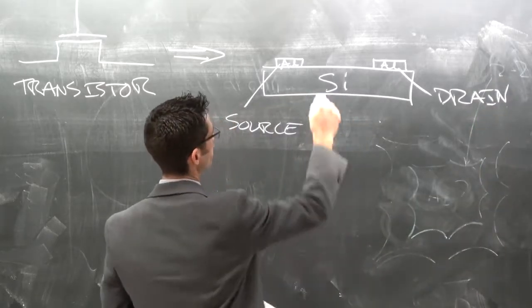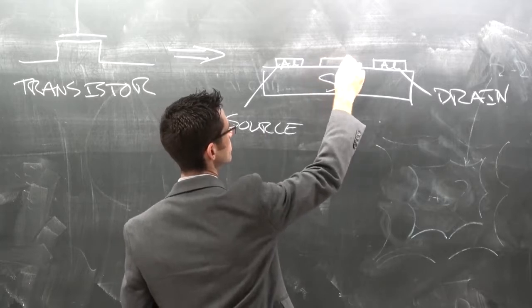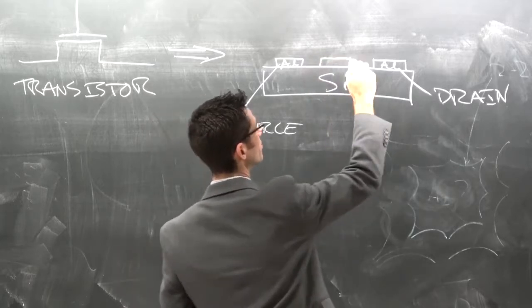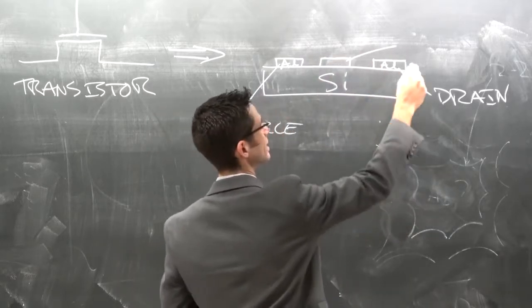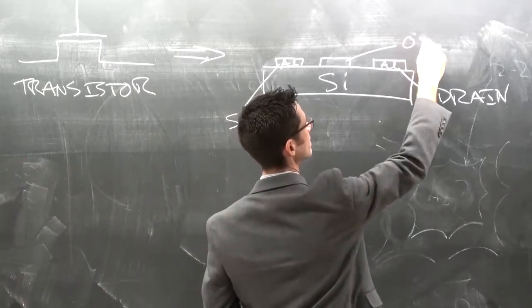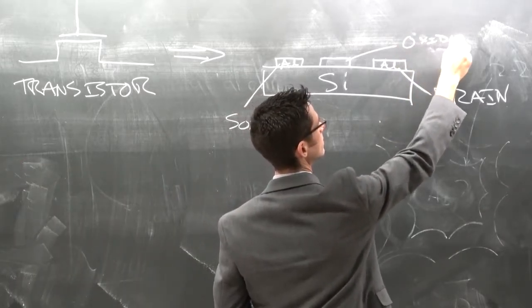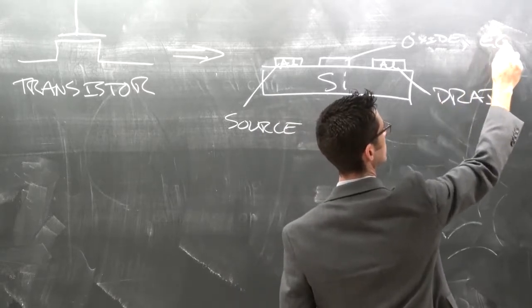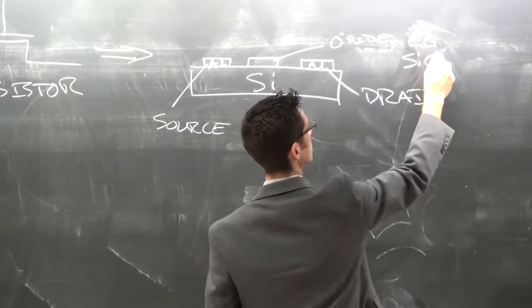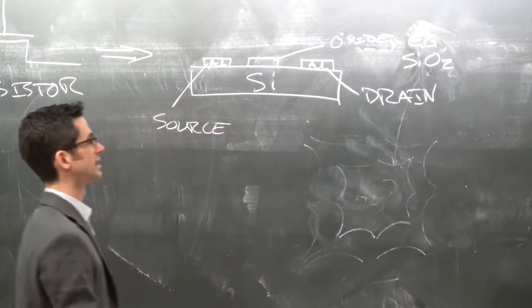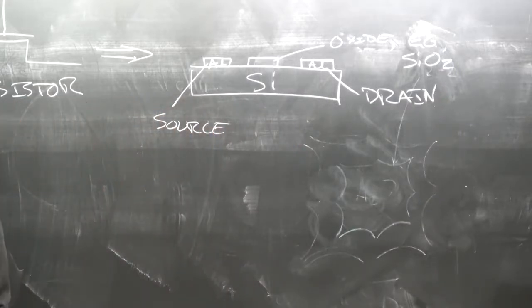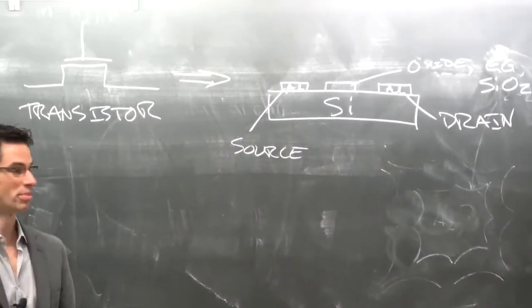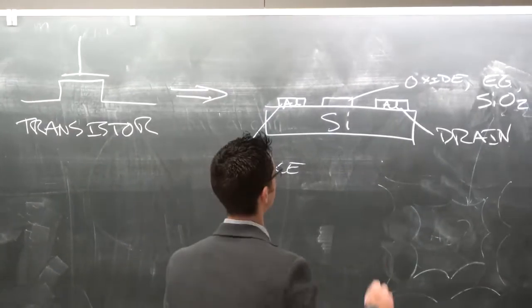And the most important part, highly arguable, but this is an oxide. And in this case, usually silicon dioxide. It's usually an oxide that's grown thermally from the parent wafer.